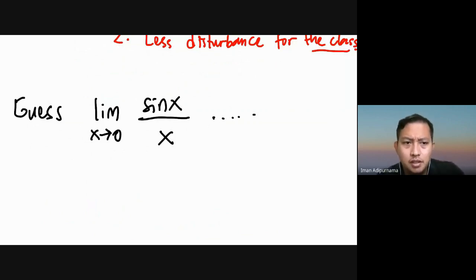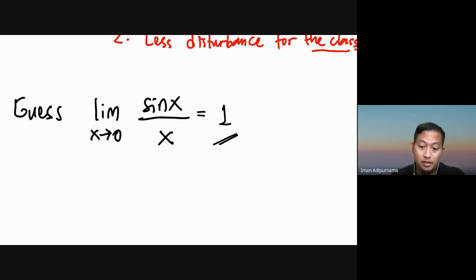If you have the limit as x approaching 0 of the function sine x over x, can you guess what it will be? Yes, how do you get 1? Yeah, it's through this, but how can you get this? Really good. Yes, that's correct. But sometimes, this is what you should not do.